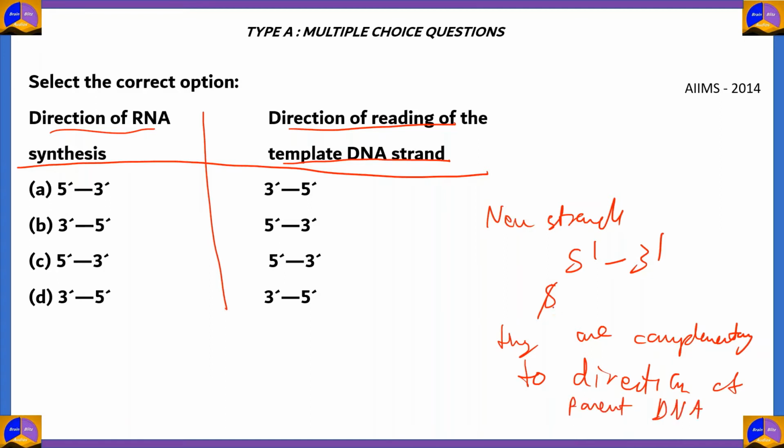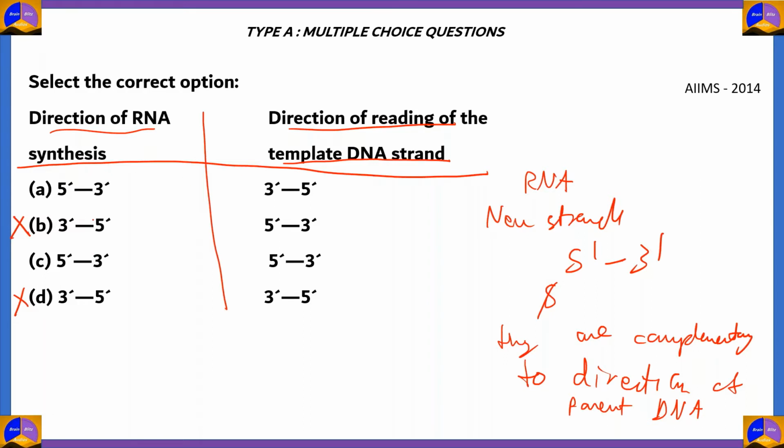I mean, the template DNA. So since new RNA strands are always from 5' to 3', we can eliminate options B and D, because options B and D say that the direction of RNA synthesis is from 3' to 5', which is not possible.